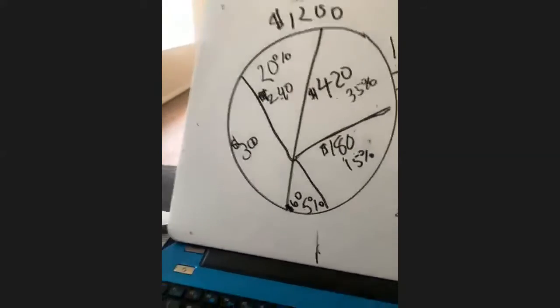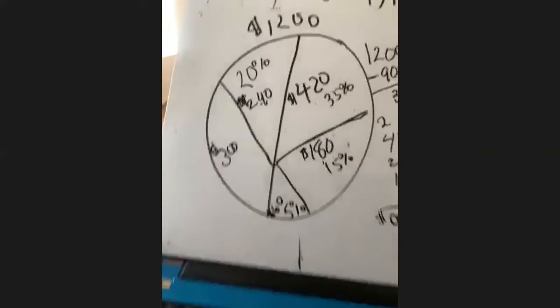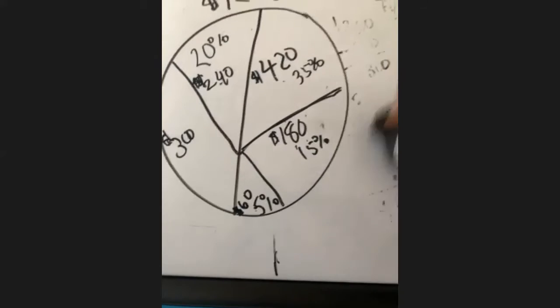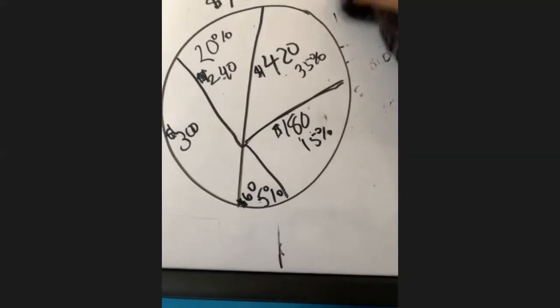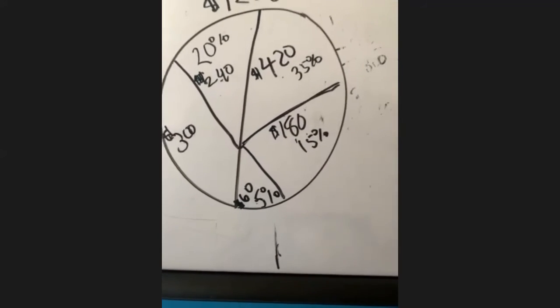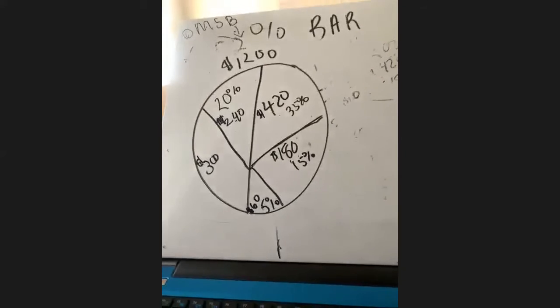So let's do the math. We're going to do it the short way. There are many ways to do it. You could use the bar. You could do it the long way. Actually, we could work through it 2 ways. We could use the bar. Okay.